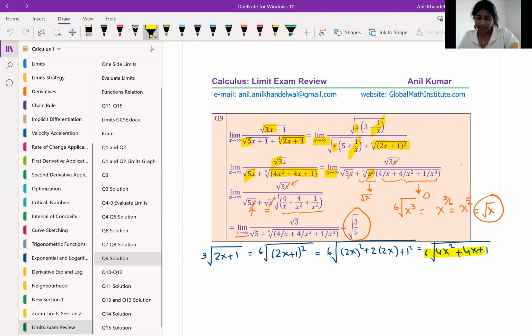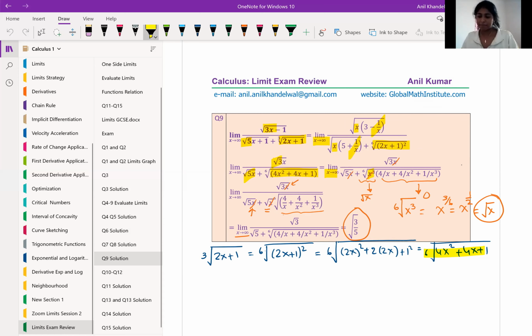So we had to take the cube root of 2x plus 1 aside, because the others have the same power of a half, and the cube root is to the third. So we needed to get it so we can get the square root of x out.